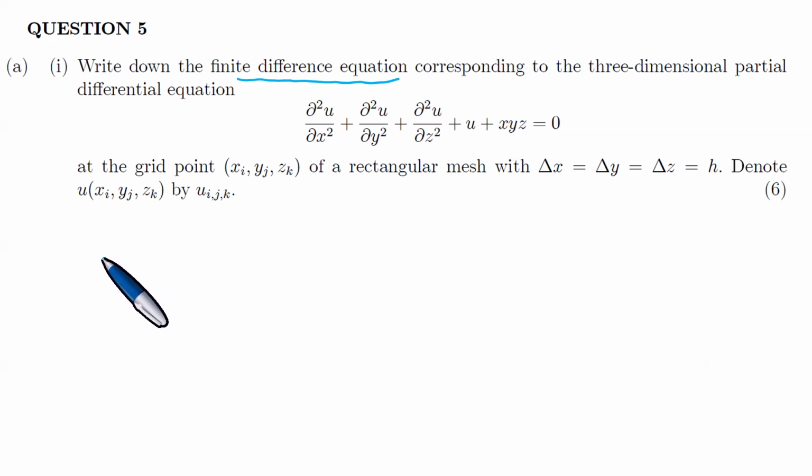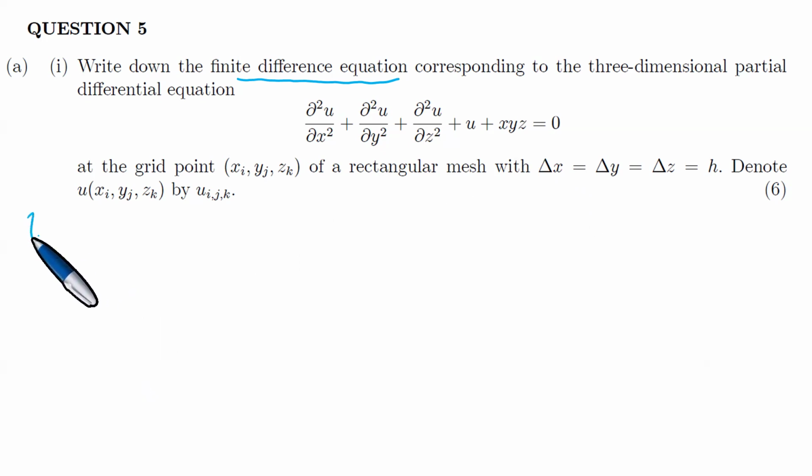Right, so now to answer this question, and this is what we need to do as the answer. So now we look at the partial derivative squared of u with respect to x squared, plus the partial derivative squared of u with respect to y squared, plus the partial derivative squared of u with respect to z squared, plus u plus xyz equals 0.